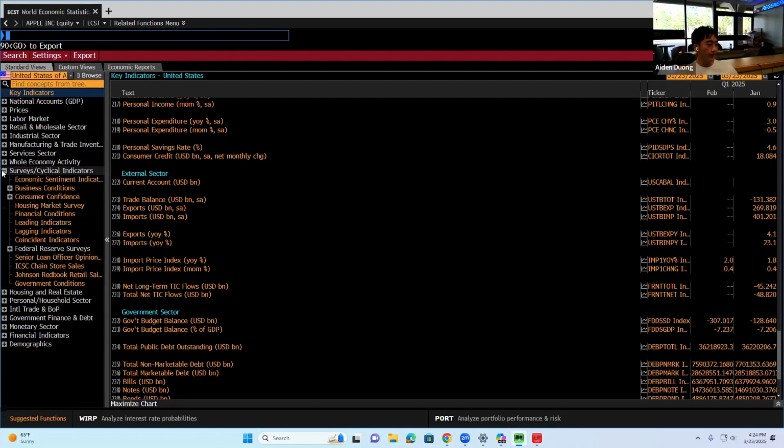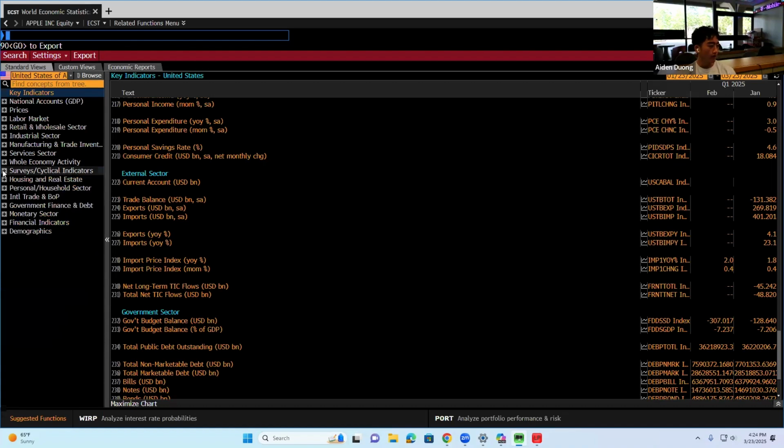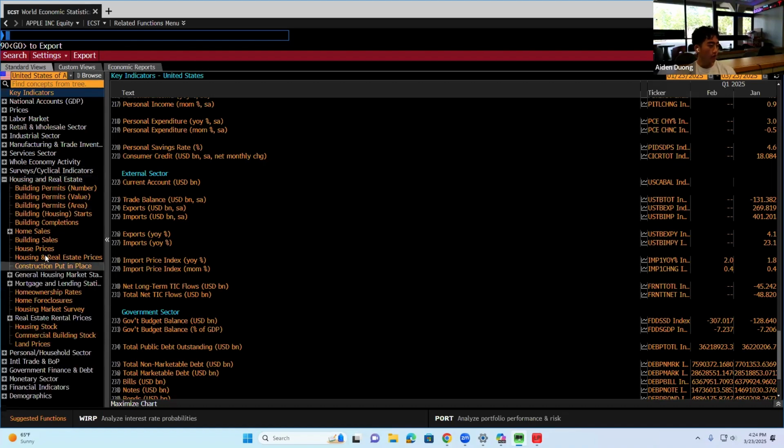Surveys and cyclical indicators, economic sentiment indicators, the business condition, consumer confidence, Federal Reserve surveys. Housing and real estate: we have housing construction, real estate prices, sales of buildings, how many permits are being allowed to be created or approved, overall land prices.